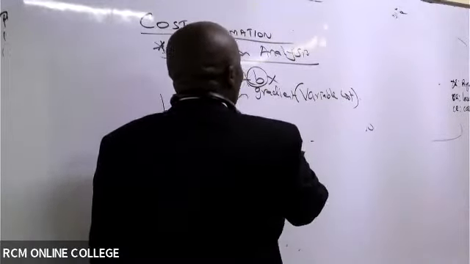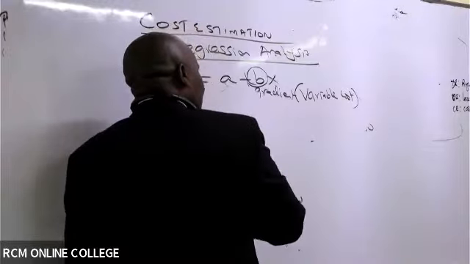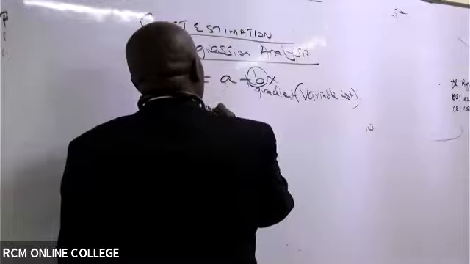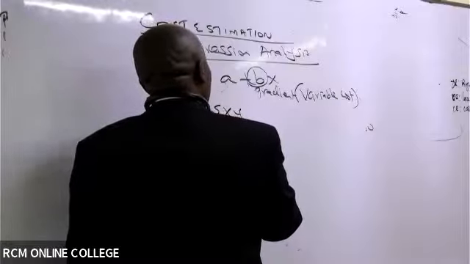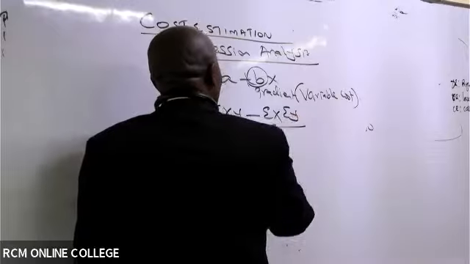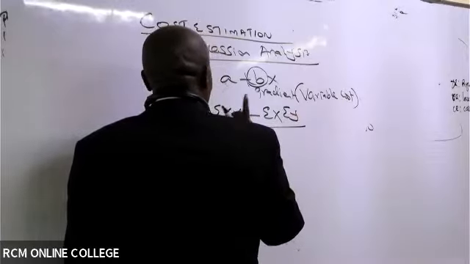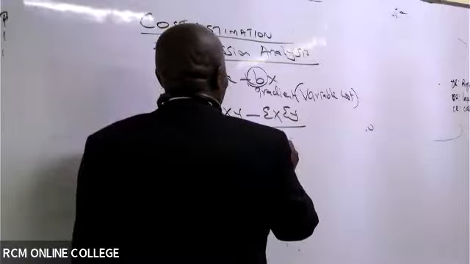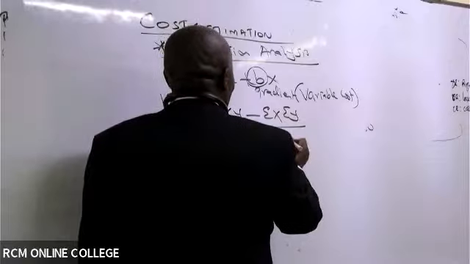Here you'll be given like 12 points. So to get the gradient using the regression approach, we normally say our B is N summation of XY minus, over N summation of X squared minus, bracket, summation of X done what here.